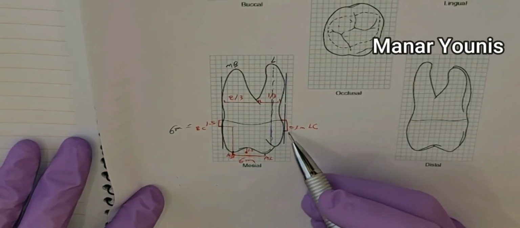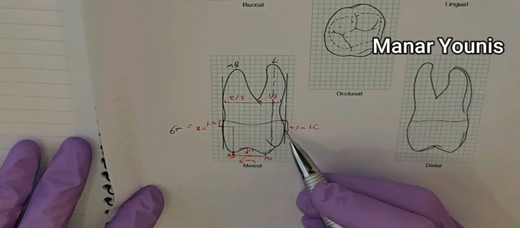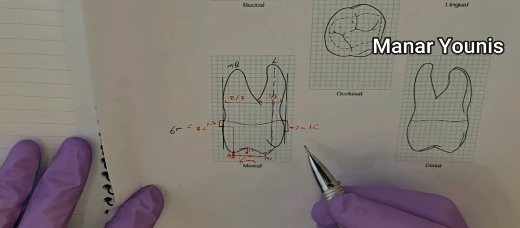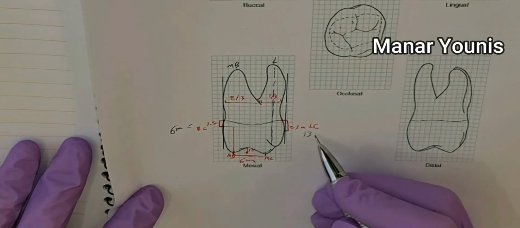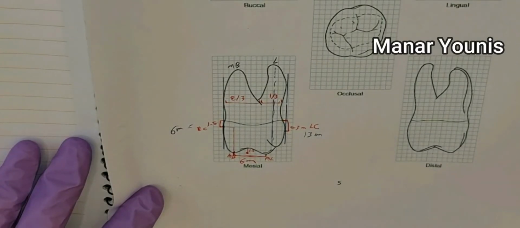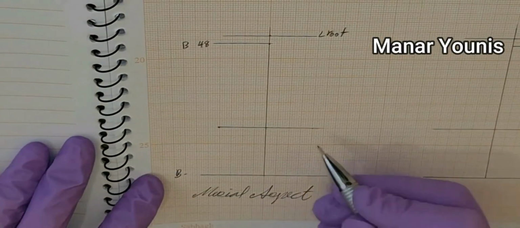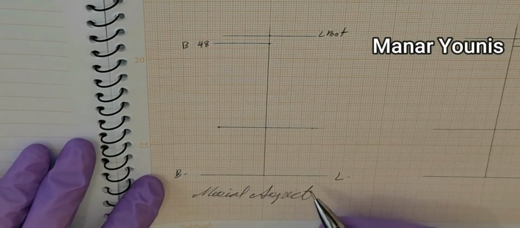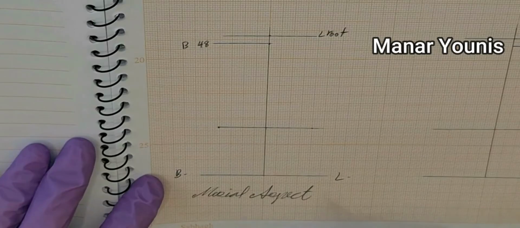And the lingual crest of contour is located near the middle of the crown, approximately 3 millimeters below the cervical line. I will draw it at 13 millimeters on the graph paper. So I marked 20 toward the lingual and 20 toward the buccal. This is the buccolingual diameter at cervix.